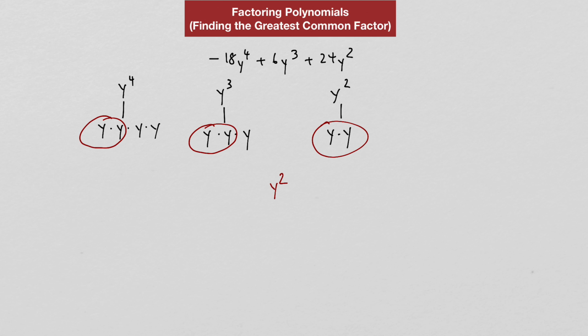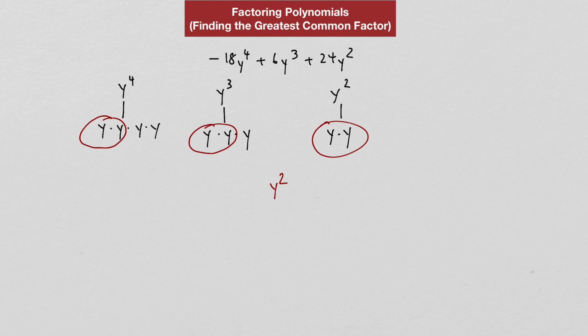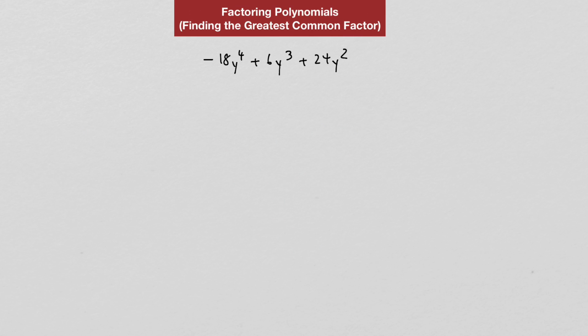So bringing all this together, we're going to take our negative 6 that we found in step 1 and our y squared in step 2 and say that our greatest common factor is equal to negative 6y squared.